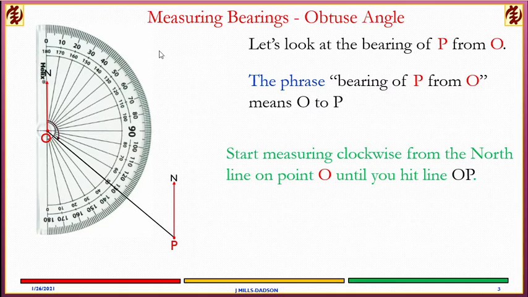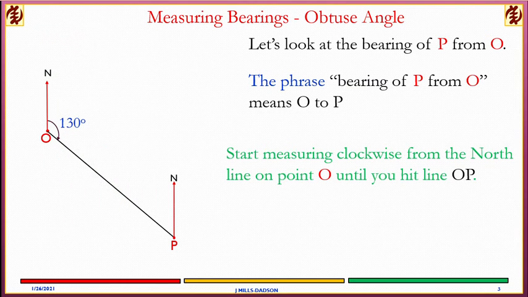There are 2 scales, so you've got to be very careful. The angles are getting bigger and bigger, so it is the outside scale I'm going to use. Don't use the inside scale, because the inside scale is falling. Looking at the outside scale, it falls on 130 degrees. So we say the bearing of P from O is 130 degrees. Simple as that. It's just about measuring angles.